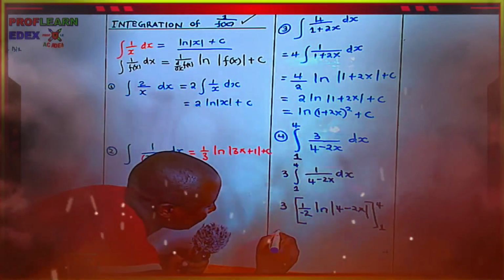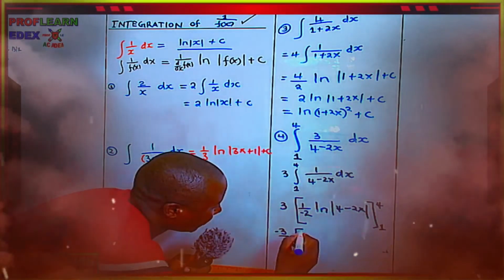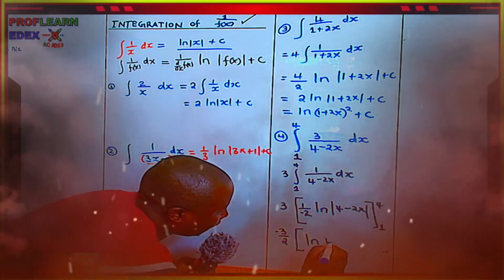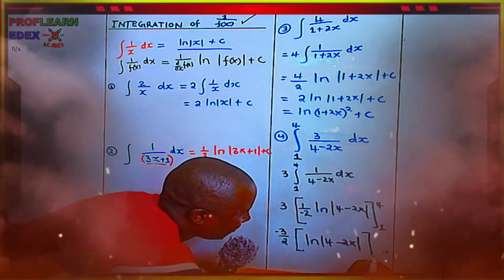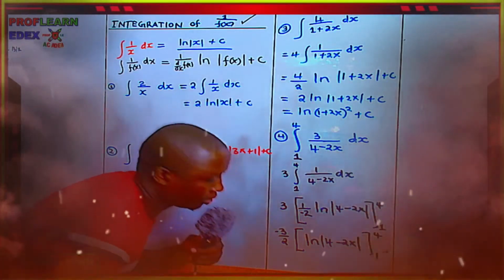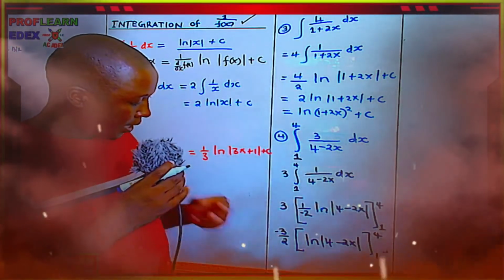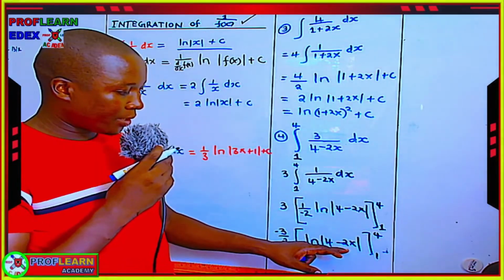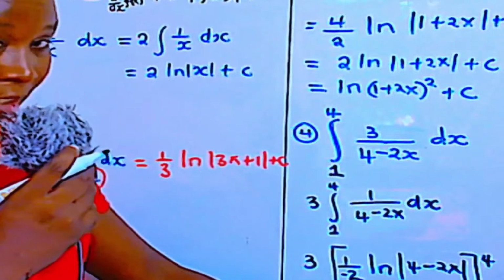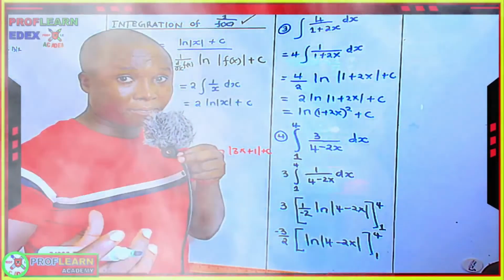So this is going to be negative 3 over 2 into bracket ln of 4 minus 2x, then the limit remains to be 1 all the way to 4, like that. Now this one, we are going to substitute 4 anywhere we have x, and then we are going to substitute 1 anywhere we have x here. Then we subtract them.